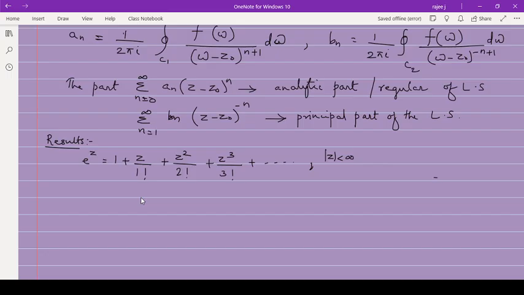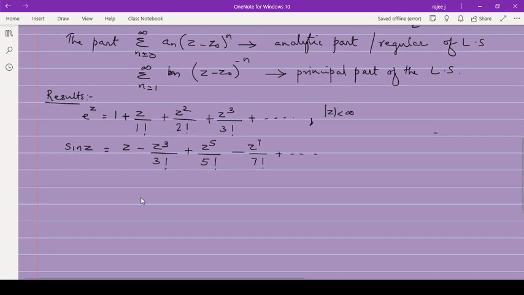Then sin z, all of you may be knowing this one, direct secondary students, please note this down: z minus z cube by 3 factorial plus z raised to 5 by 5 factorial minus z raised to 7 upon 7 factorial, and so on. Here also, mod of z is less than infinity, not 1, sorry.